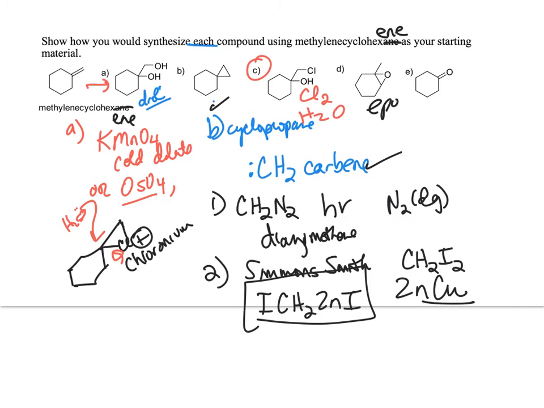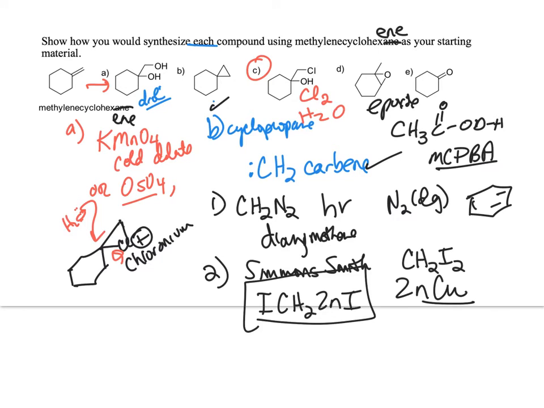This is an epoxide. Epoxides, basically you just react it with something like this. This is a peracid, or you can use MCPBA. That's my favorite reagent, and that is metachloroperbenzoic acid.